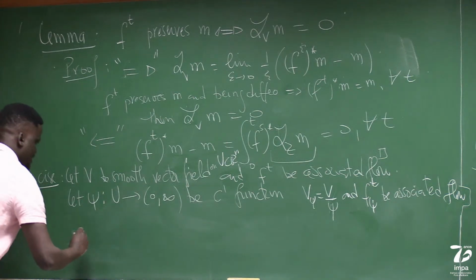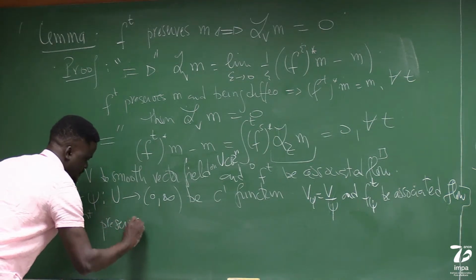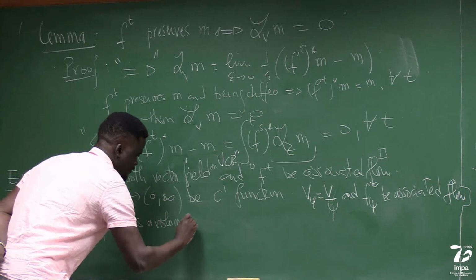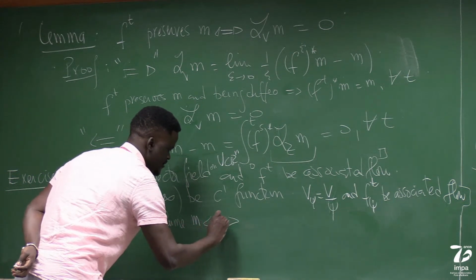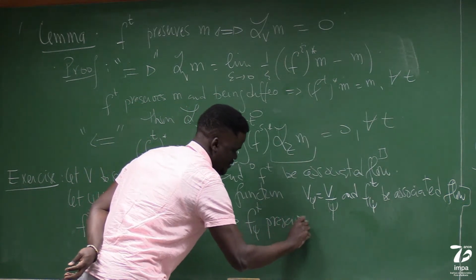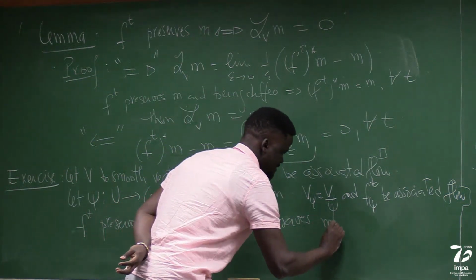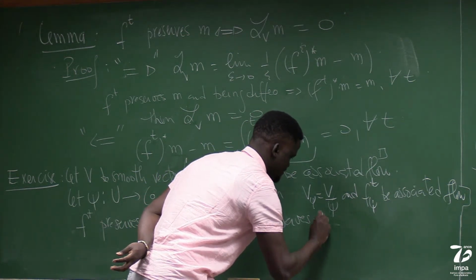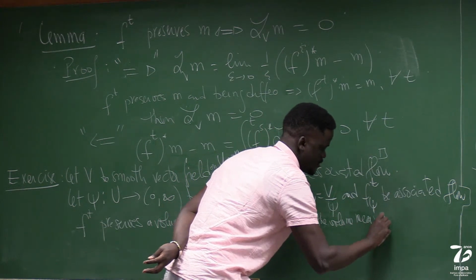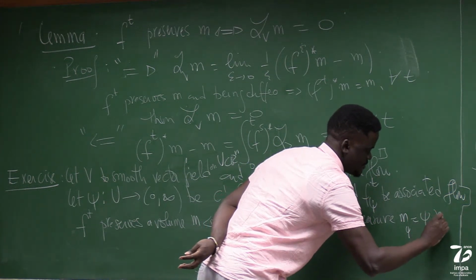So here, f_t preserves a volume measure m if and only if f_t^phi preserves the measure m_phi, which is phi times m.